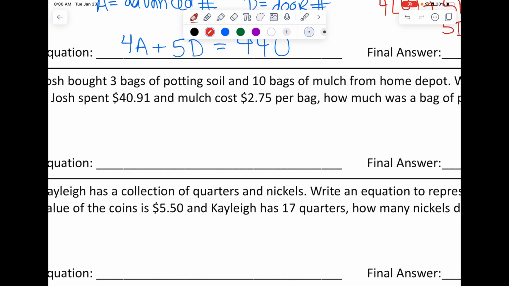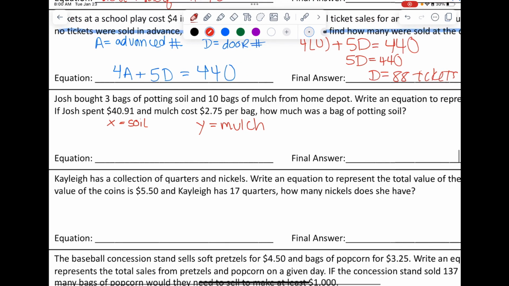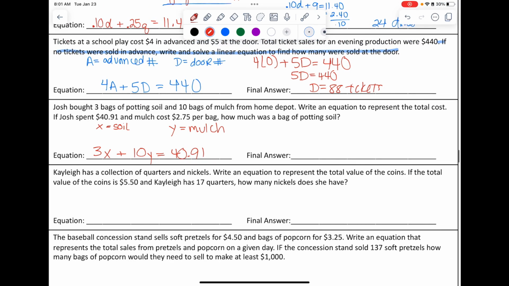I'm just going to use X and Y. And writing the equation for this, we would have 3 bags of potting soil, so 3X, plus 10 bags of mulch, 10Y, is equal to a total of 40.91. That would be our equation that represents this scenario.